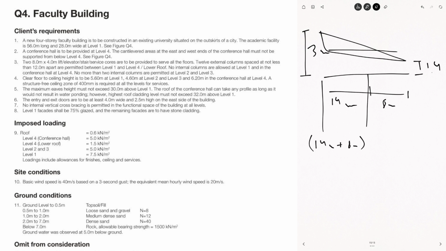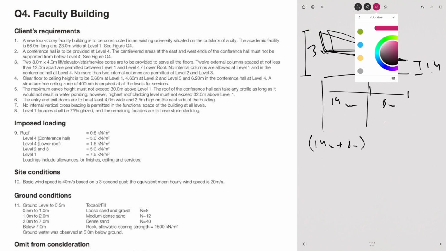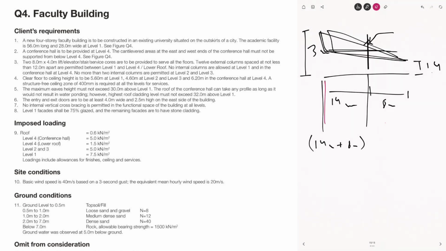I'm just doing a linear interpolation between these two to try to find out what my depth would be of my truss at this point, which is where it starts the cantilever. I don't think it's very clear here. Let's see. This is my building. I'm going to make it in pink. And we got the truss that will come like this.